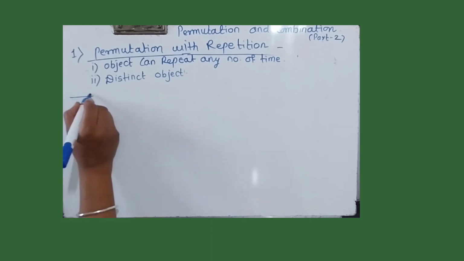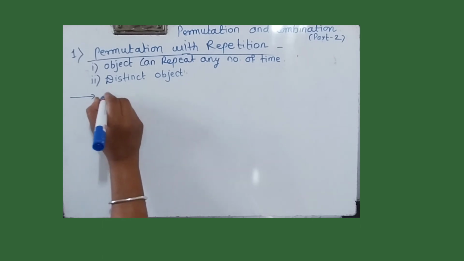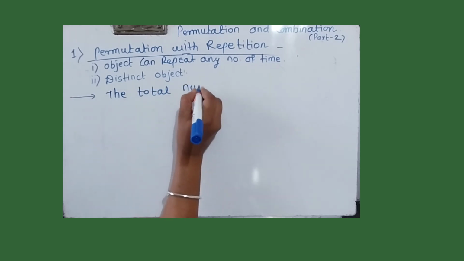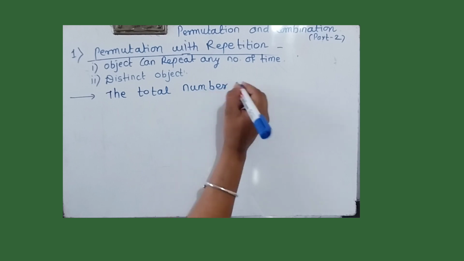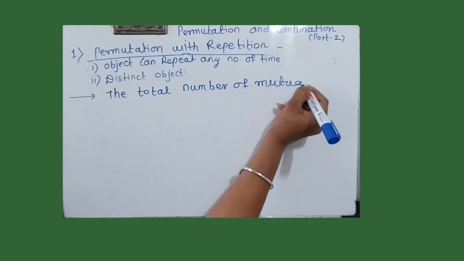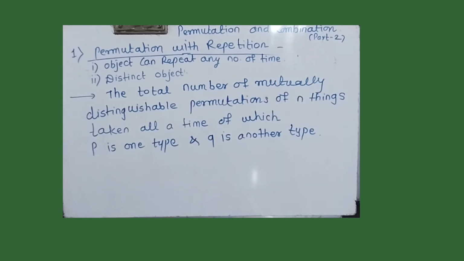See, the second type is the total number of mutually distinguishable permutations.